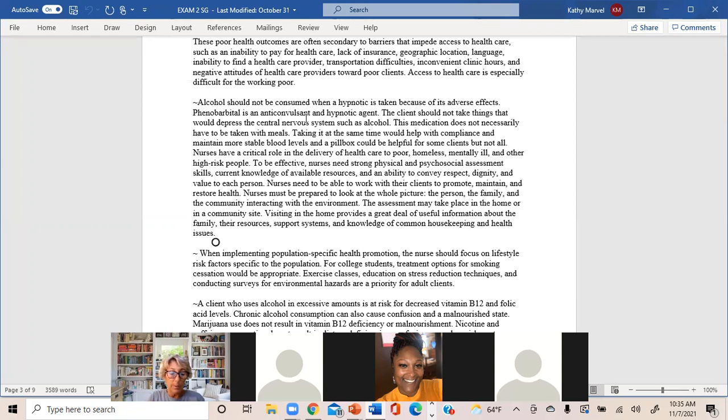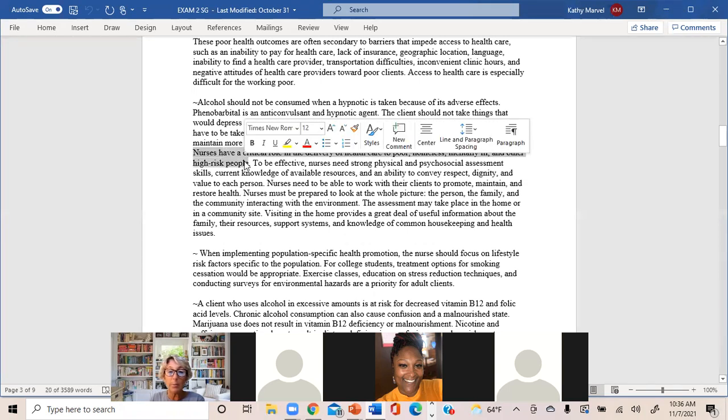So have a look at this alcohol section of this paragraph. Okay. And right here, nurses have a critical role in the delivery of healthcare to the poor, the homeless, the mentally ill, and other high-risk people.